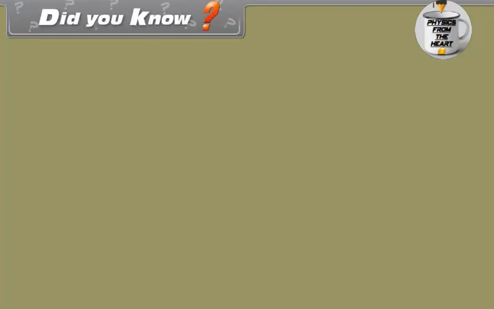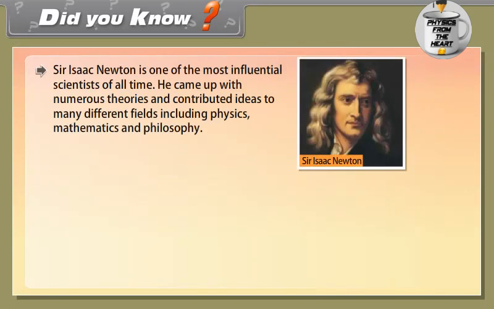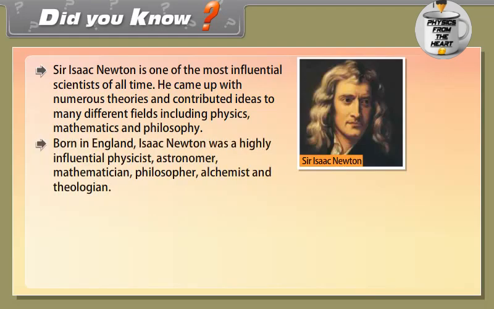Did you know? Sir Isaac Newton is one of the most influential scientists of all time. He came up with numerous theories and contributed ideas to many different fields, including physics, mathematics, and philosophy. Born in England, Isaac Newton was a highly influential physicist, astronomer, mathematician, philosopher, alchemist, and theologian.